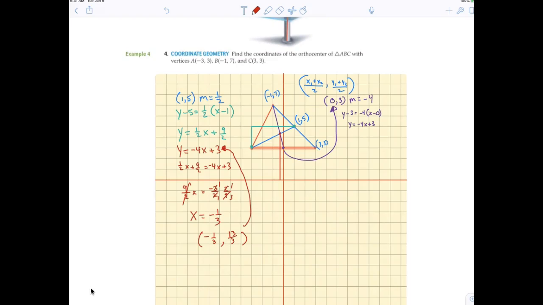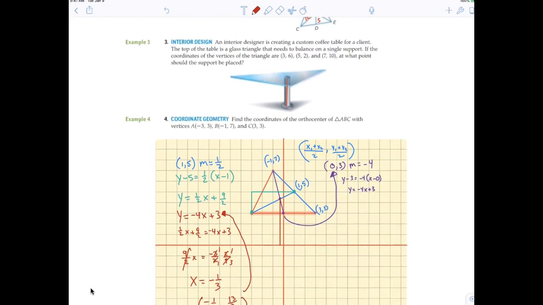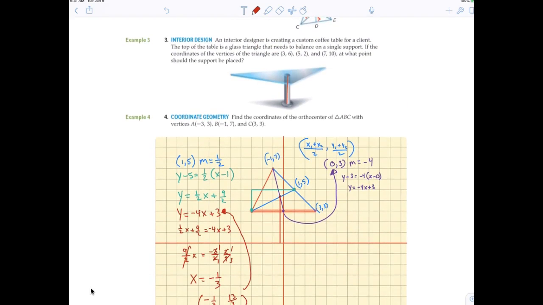Now, for some reason, I don't know why they don't teach this in geometry books, but I feel like they should. The quickest way to find the centroid, and I'm going to let you do this. Oh, never mind. I thought I was looking at the wrong one. Does everybody see what I did?